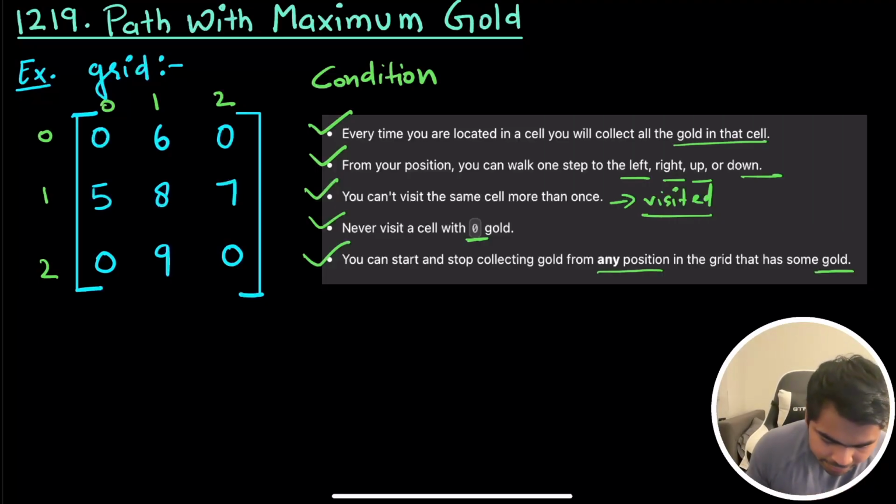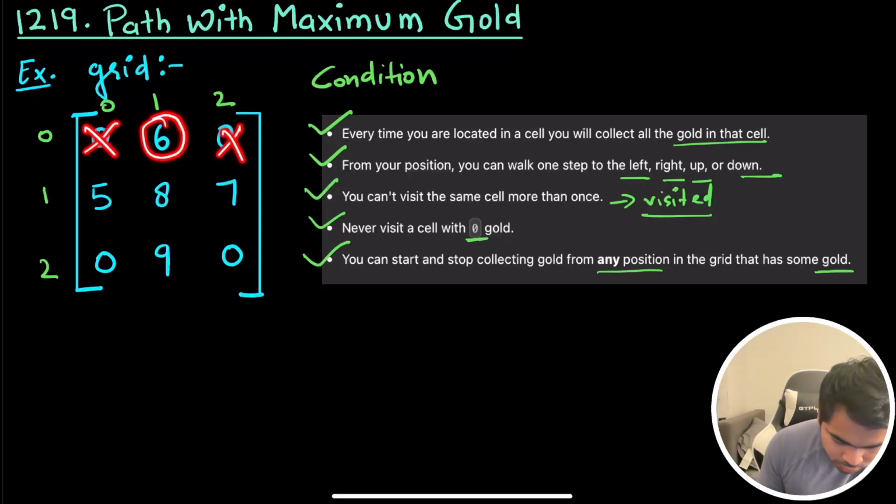So let's say I were to start over here. I cannot start at any of the zeros, so I am not even allowed to visit these zeros. So I will do a cross mark over here. Then I can start visiting, let's say, 6. If I'm visiting 6, then I can choose to go 4 directions.